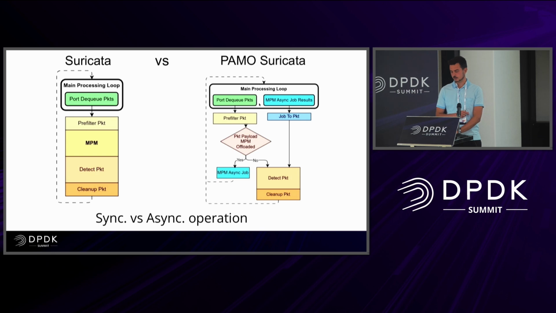Later on in the main processing loop, we are not only polling for packets from the port, but also from the Regex engine. And that's when we convert the results back, we try to reinsert the packet into the usual processing pipeline, and we finish the processing.